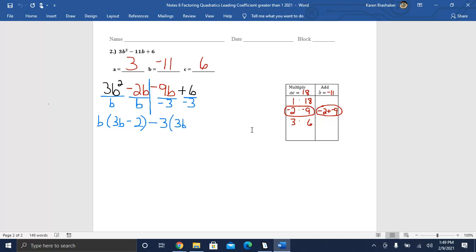And then 6 divided by negative 3 is negative 2. My parentheses once again match. So 3b minus 2. And my other factor would be the b minus the 3.